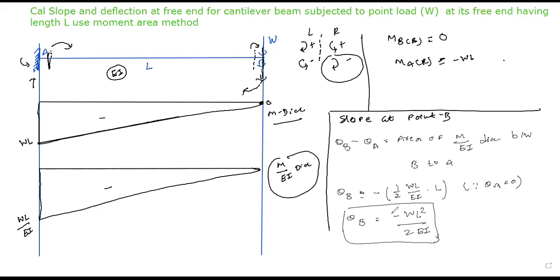So we just consider the area of the M by EI diagram between B to A. And that slope, theta B, is nothing but WL square by 2EI. Please confirm me. Is it clear or not?